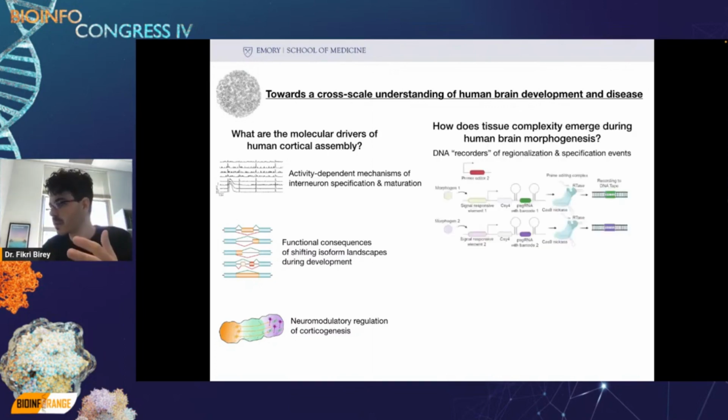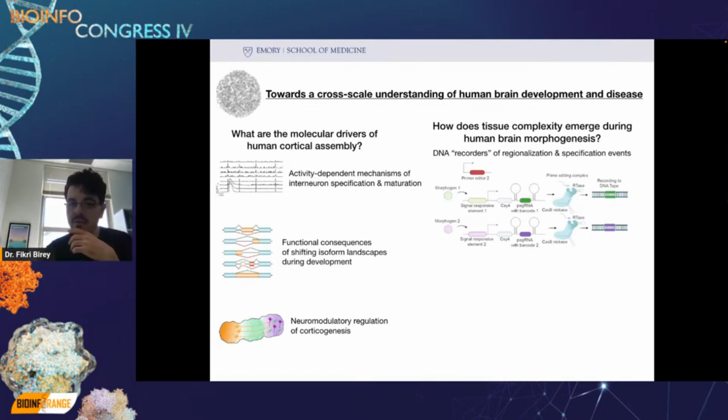We're also developing tools to study, in the spirit of looking at specification and regionalization, how regional patterning happens during human brain morphogenesis. This is taking a step back and moving away from the cortex.